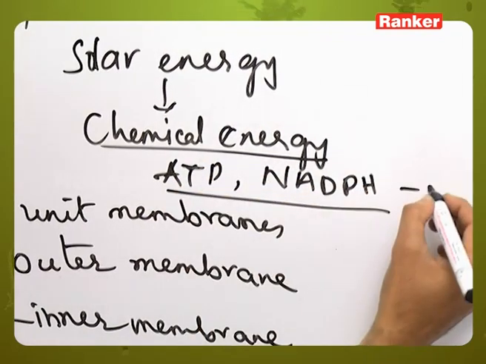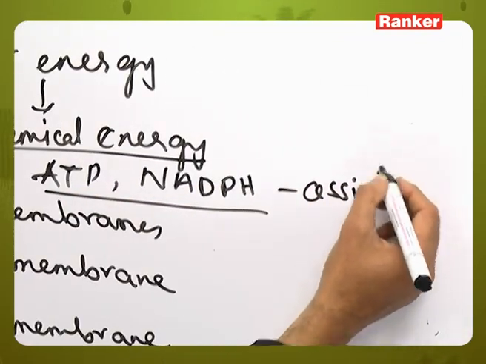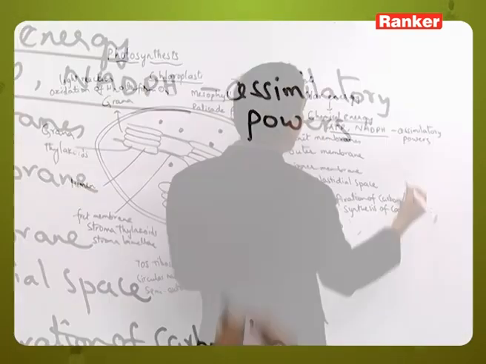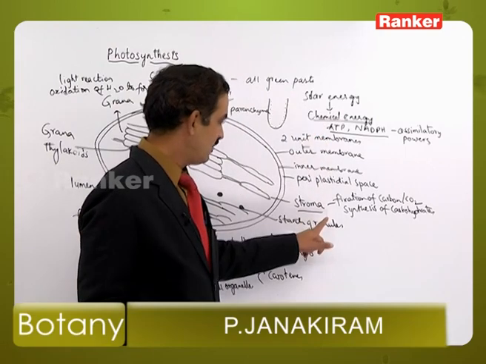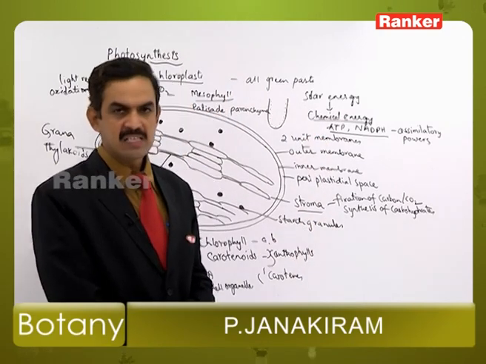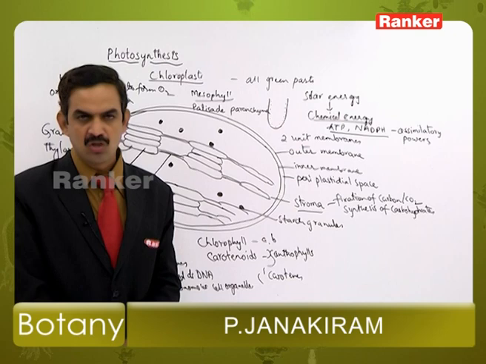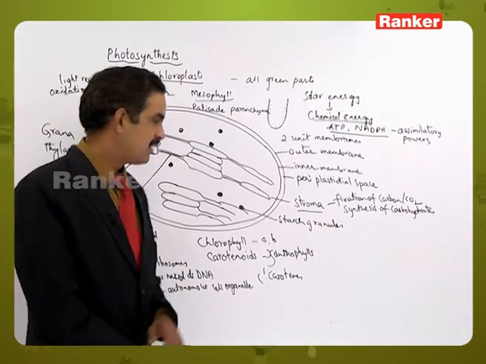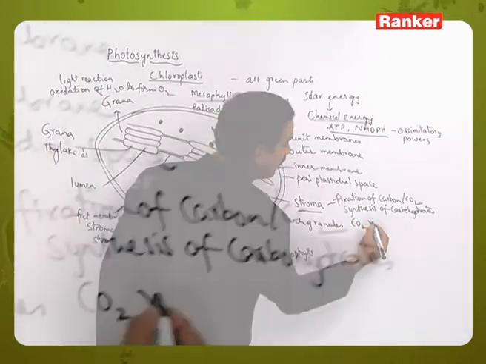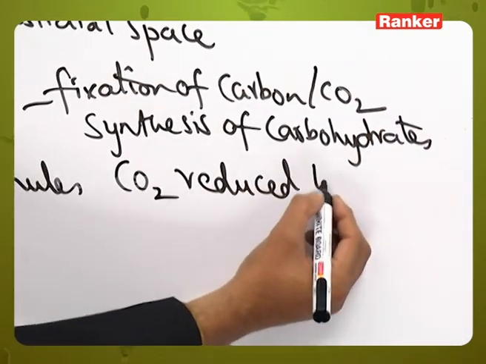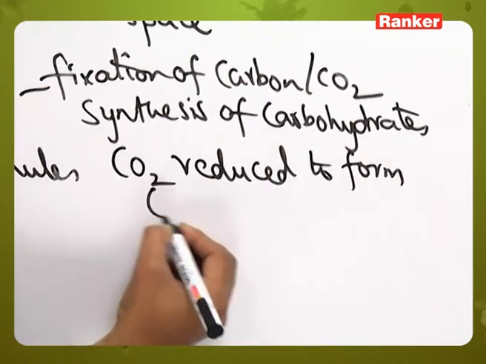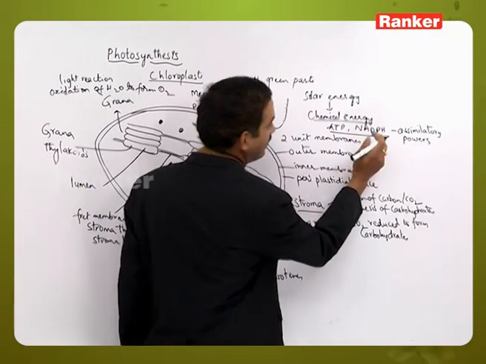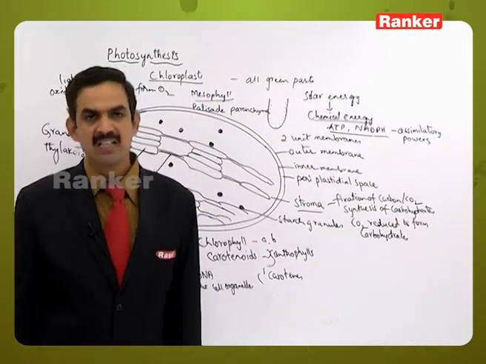These two are combinedly called assimilatory powers, and they are used in the second step of photosynthesis, that is carbon dioxide fixation, where carbon dioxide is reduced to form carbohydrates. This step is done by utilizing the assimilatory powers formed in the light reaction.